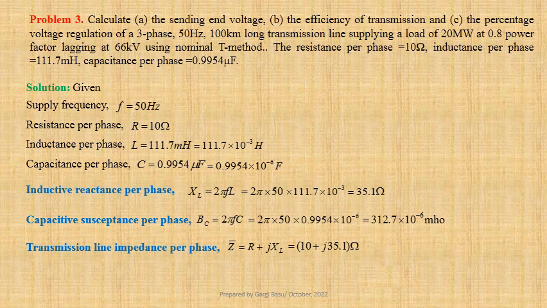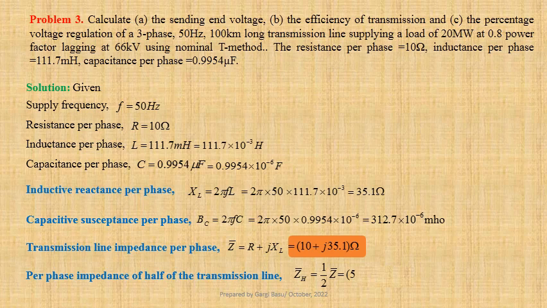Now we shall determine per phase impedance of half of the transmission line. ZH equals half of Z, that is equal to 5 plus J times 17.55 ohm.